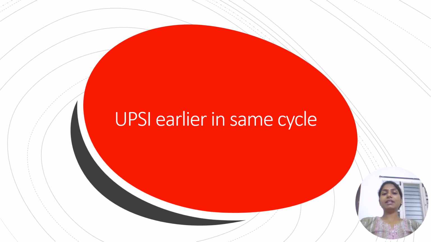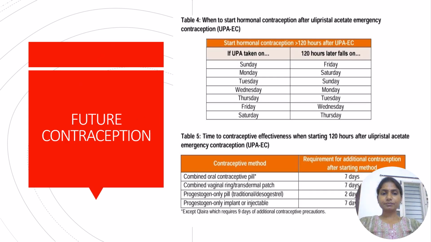But if we give levonorgestrel, immediately we can resume hormonal contraception, because this does not have any effect over the efficacy of levonorgestrel. So if copper T is used, we can continue copper T as an ongoing contraception. If UPA is used, give 5 days gap and then start hormonal contraception and ask them to be sexually abstinent for those 5 days. And third, if levonorgestrel is used, then she can immediately resume her hormonal contraception.